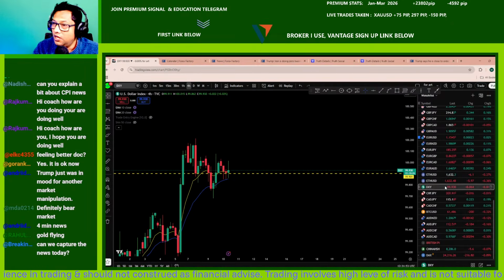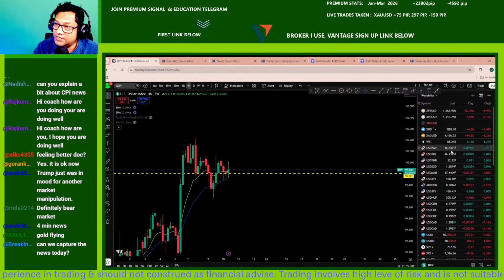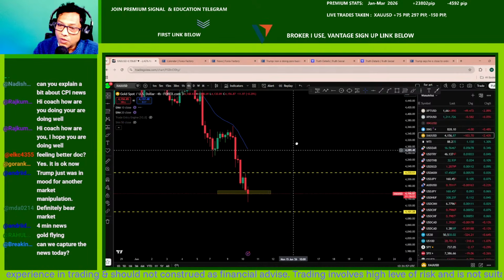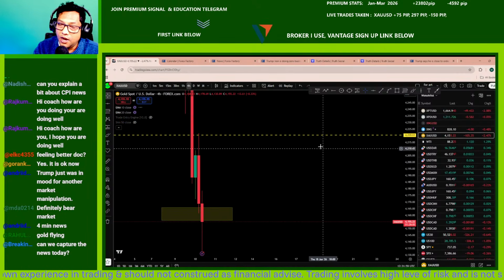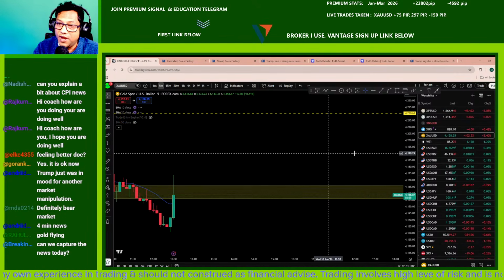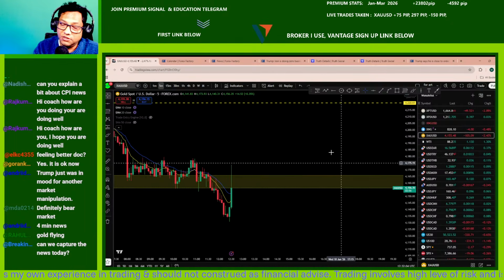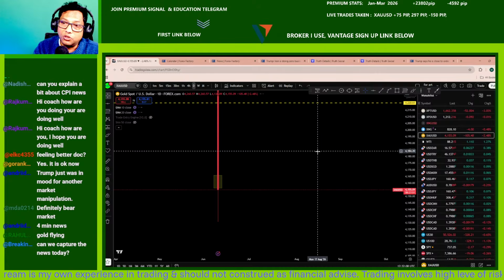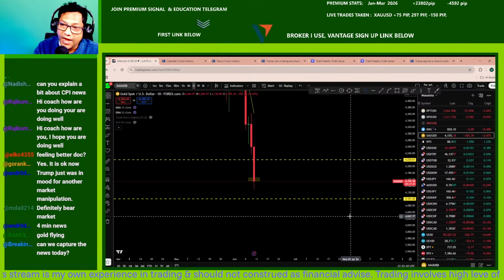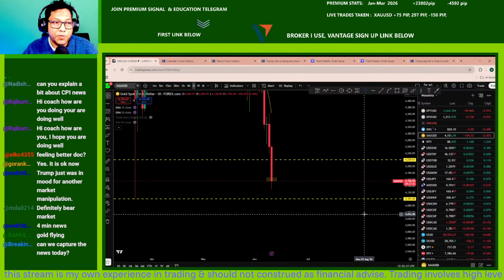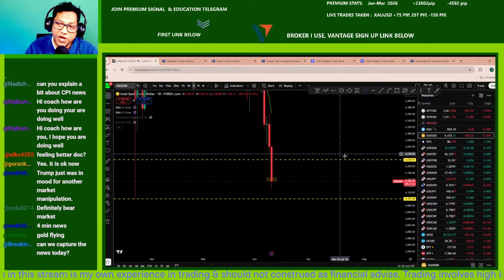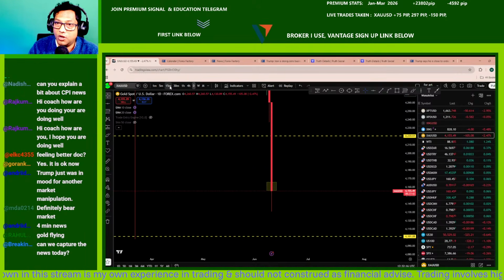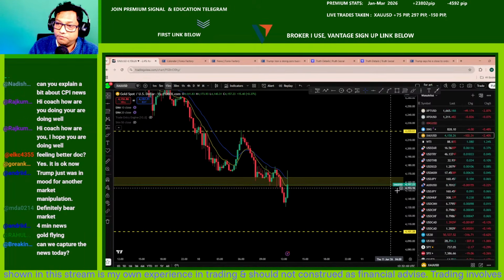So if you look at gold, the market has reflected that: gold showed strong bearish movement earlier today, and we see there is a breakout. Now for me, we could even see a potential entry for a short setup with this initial breakout on gold. That's what I'm looking at in this market.